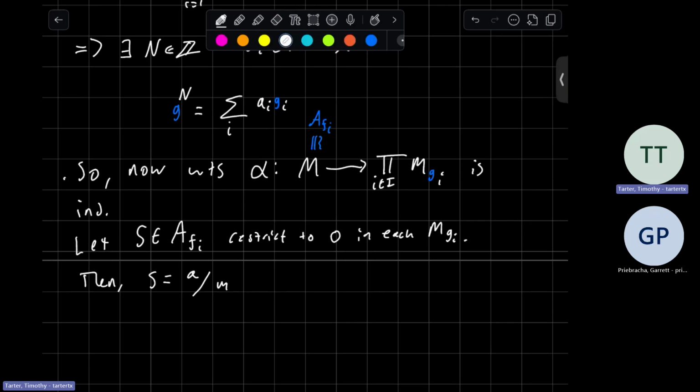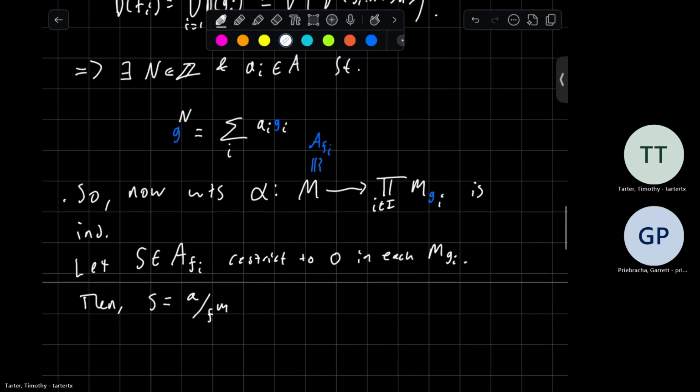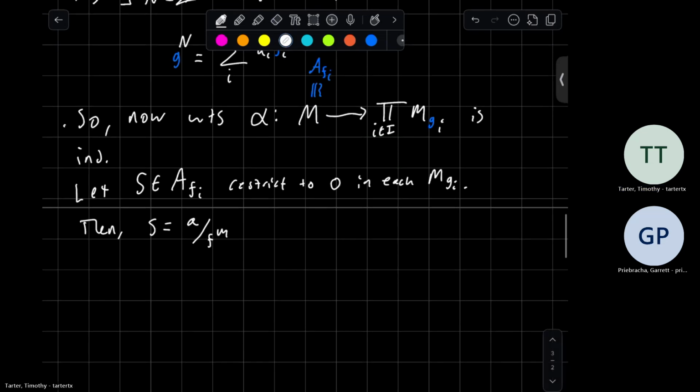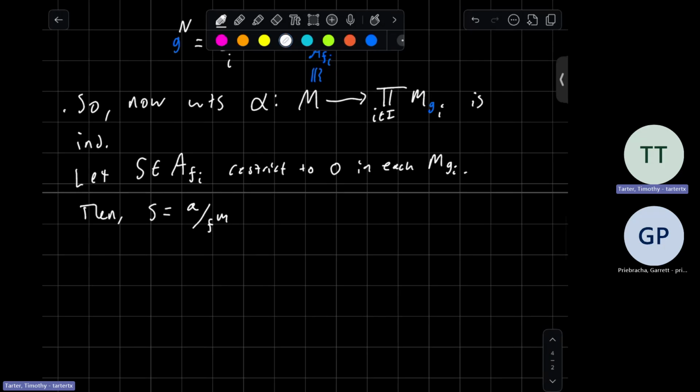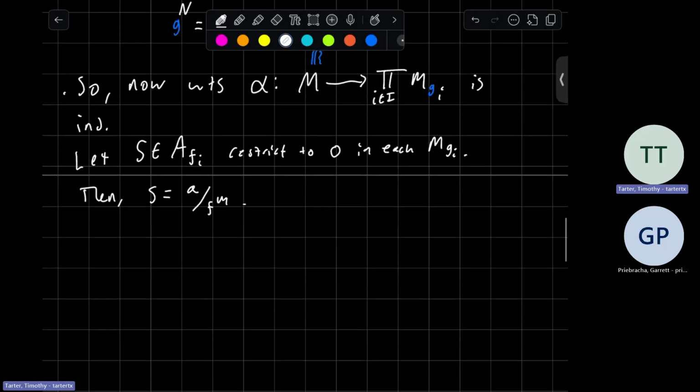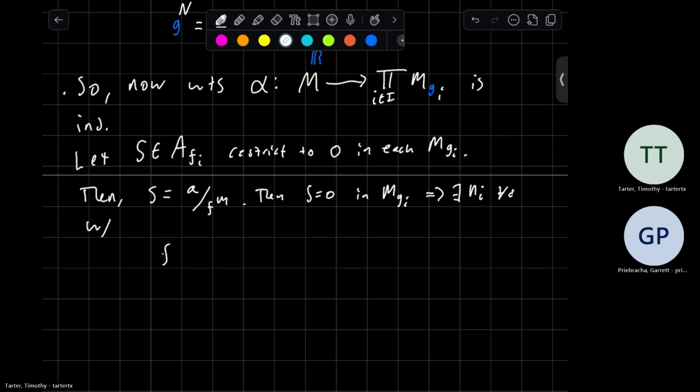No, this is f to the m. Then g to the n_i times a equals 0 in M_{g_i}.